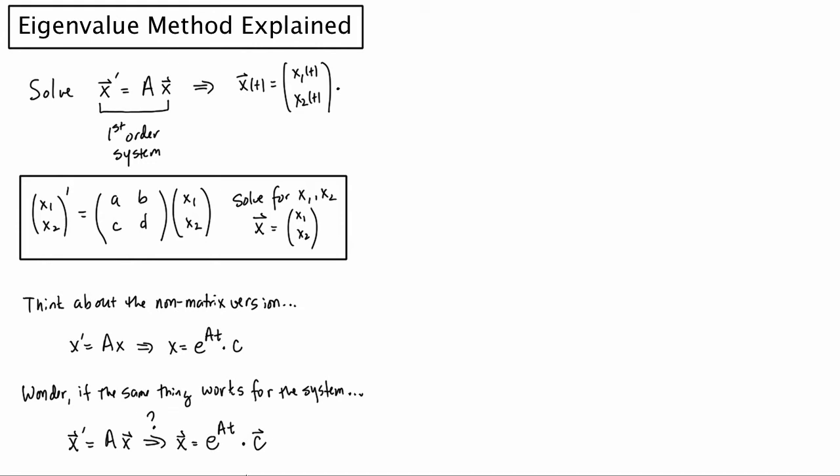So that's the question that we have, and the answer is mostly yes, but we're not ready to do e to a matrix instead. So why don't we try this? Why don't we try, as our trial solution, to replace a with a constant?